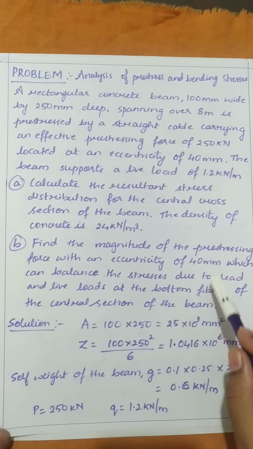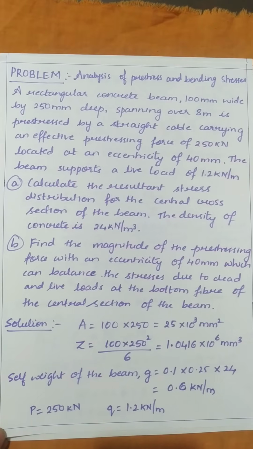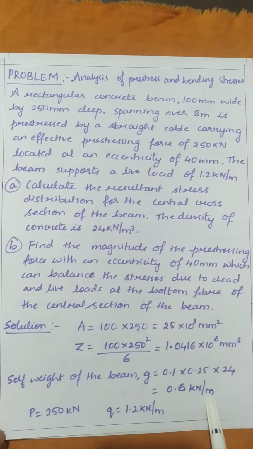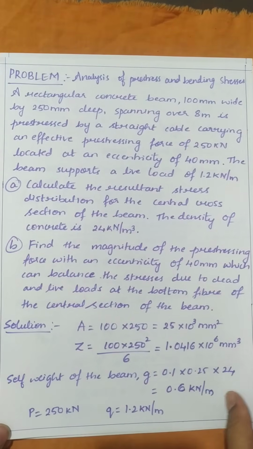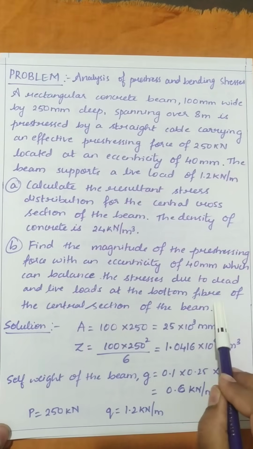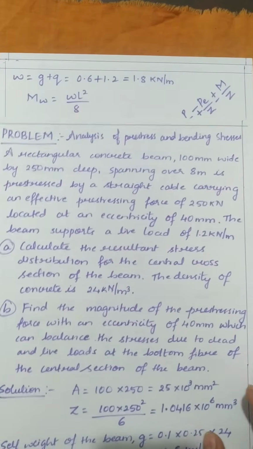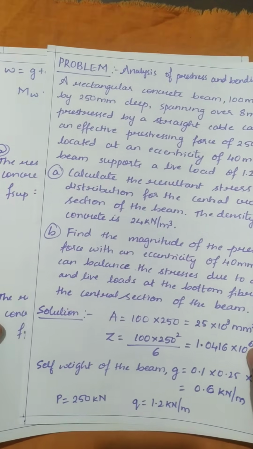The pre-stressing force should be of a magnitude such that the stresses due to dead and live load, that is G and Q, are balanced at the bottom fiber. It means the F inferior, the total resultant stress at the bottom fiber, has to be 0.